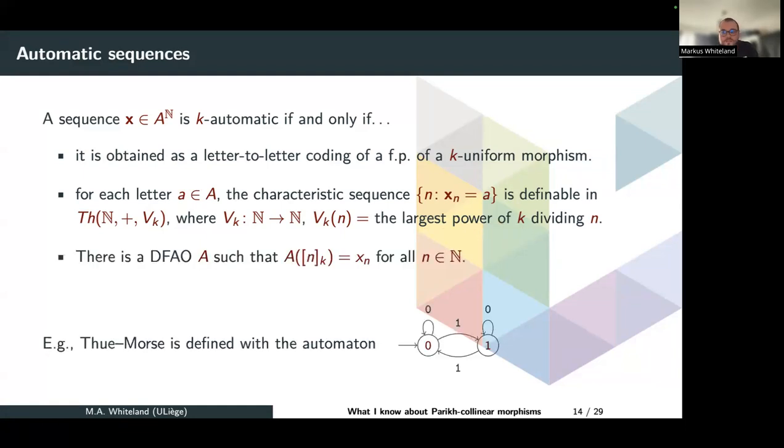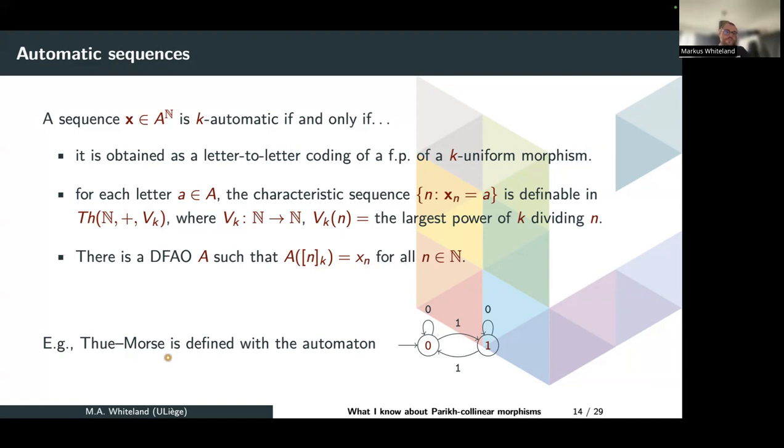And a third definition is that there is a deterministic finite automaton with output such that when you feed in the base k representation of integer n, you will get the nth letter of your infinite word.